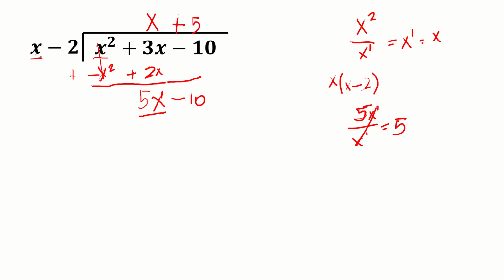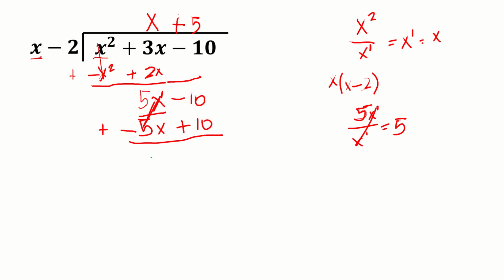5 times x, that is 5x. Then 5 times negative 2 is negative 10. Again, change the sign of the subtrahend. So we will have si positive 5x magiging negative, si negative 10 magiging positive, then proceed to addition. 5x plus negative 5x, obviously that is 0.